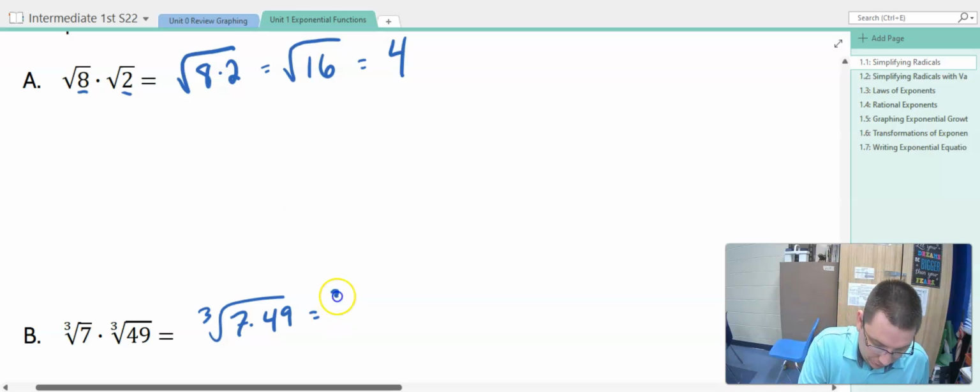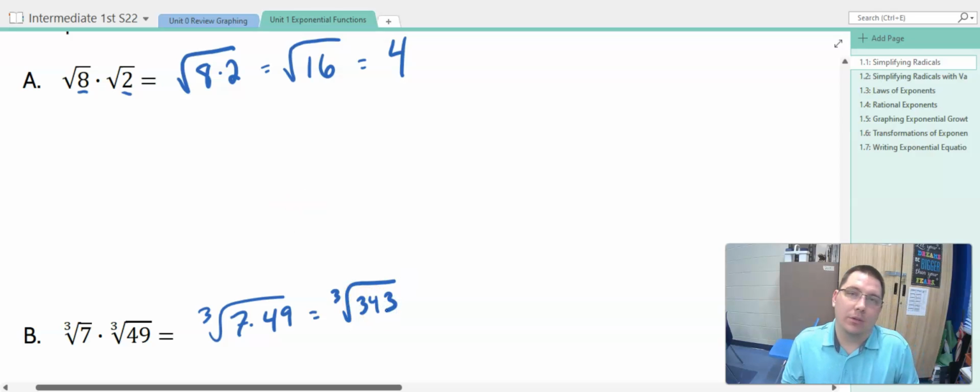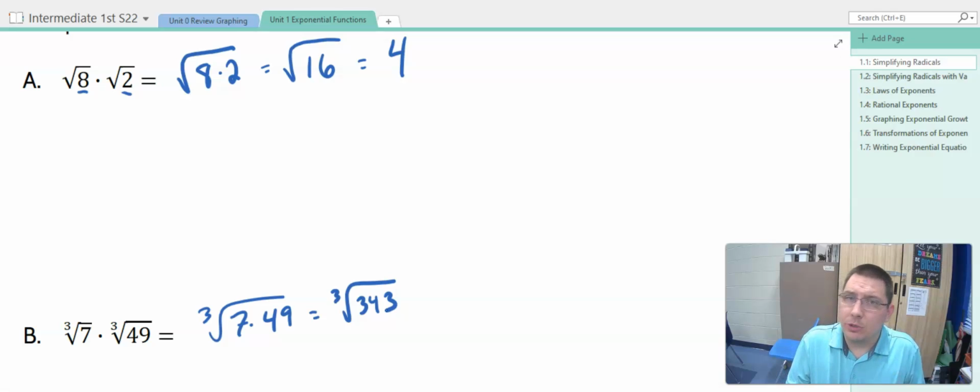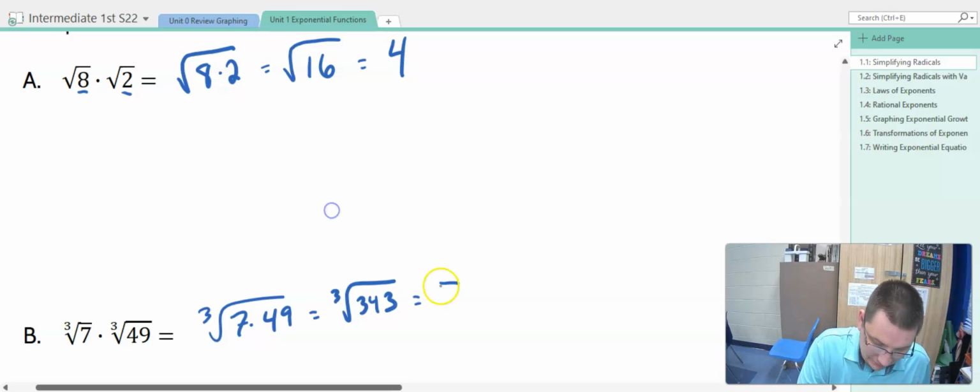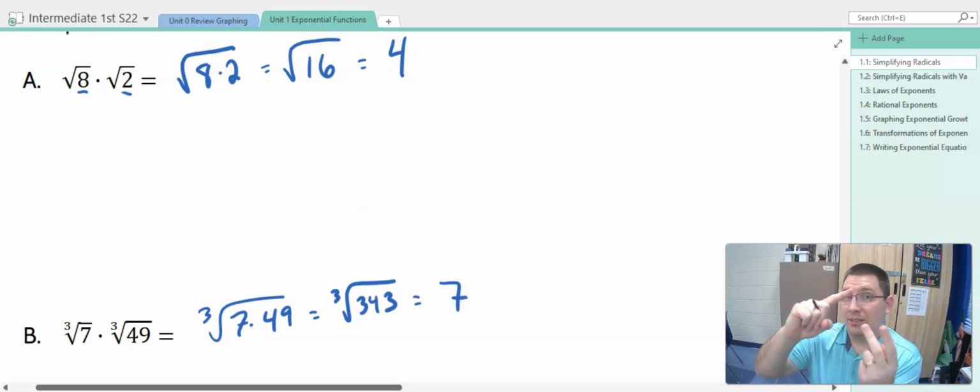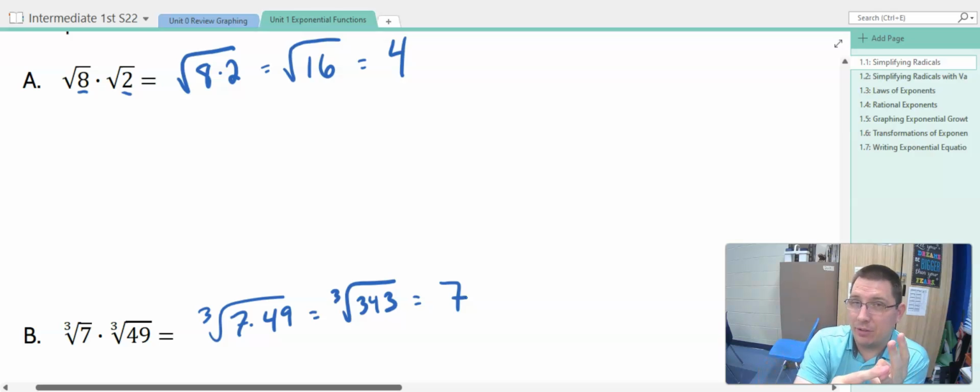But 7 times 49 is 343. And if you need to use your calculator for this one as well, the cube root of 343 is 7. Because 7 times 7 is 49 times that third 7 gives us 343. And so the cube root of 7 times the cube root of 49 is just 7.